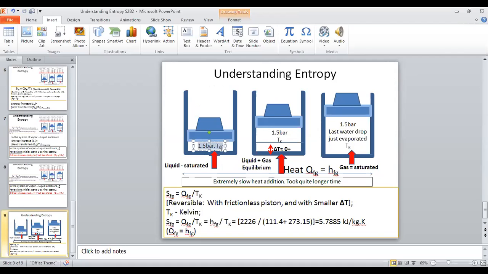So this is the state 1, and this is state 2. This is 1 to 2.